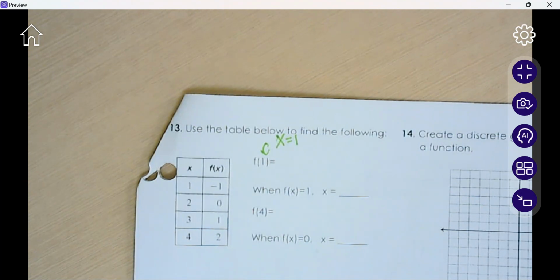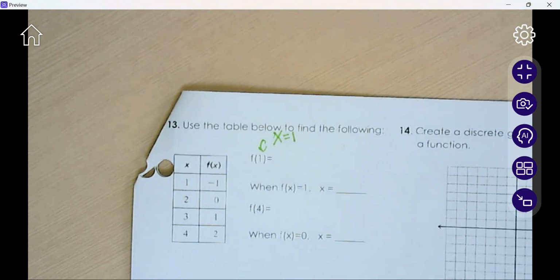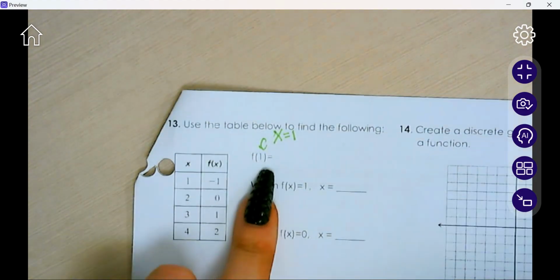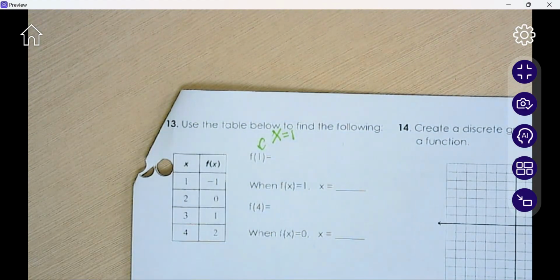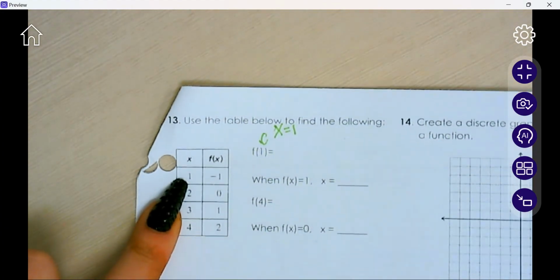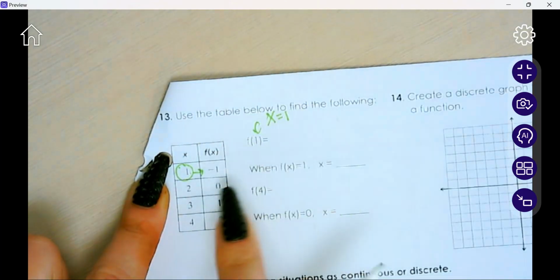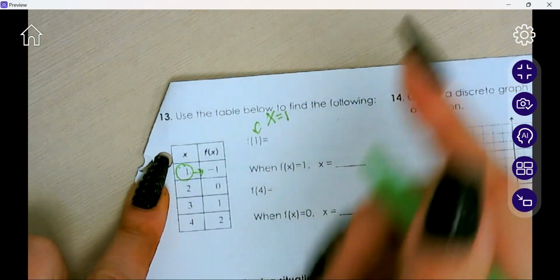Hold on one second. Let me see if I could pause this. Okay. Let me make sure I go back. Okay. All right. So this x value right here is 1. So that means I just need to go over here and find when x is 1, my y value is -1.